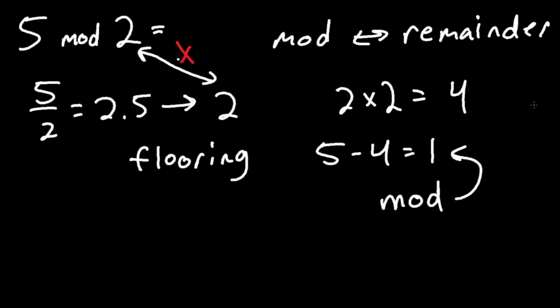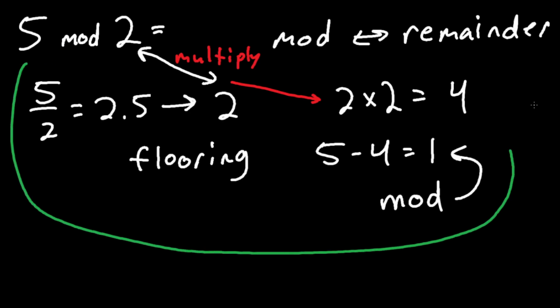Let's write multiply, because x looks like a variable. So we multiplied the right number by the floored number, right here, to get 4. And all we did was subtract. Let's use a different color. Let's use green. All we did was subtract these two numbers together to get the remainder.